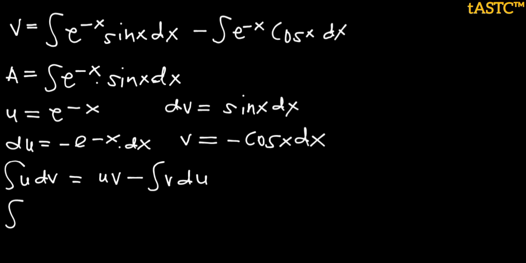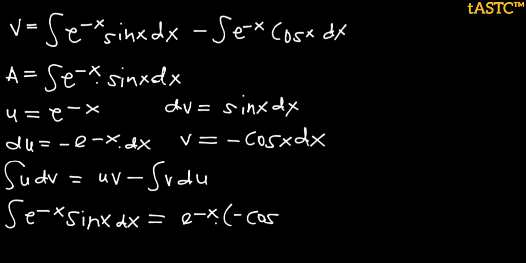So the integral of e to the negative x sine x dx is equal to u times v. Now u in this case is equal to e to the negative x, and v is negative cos x.